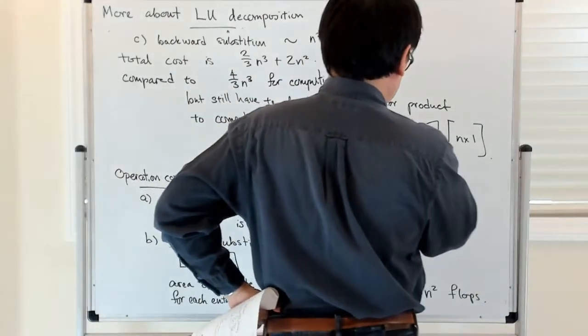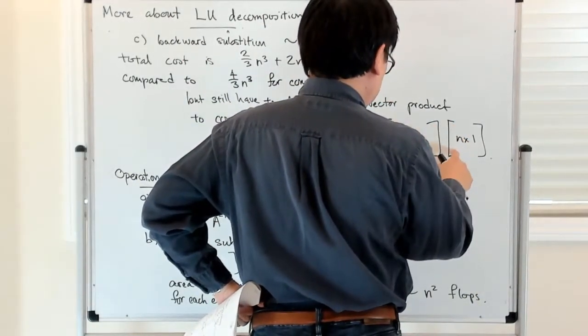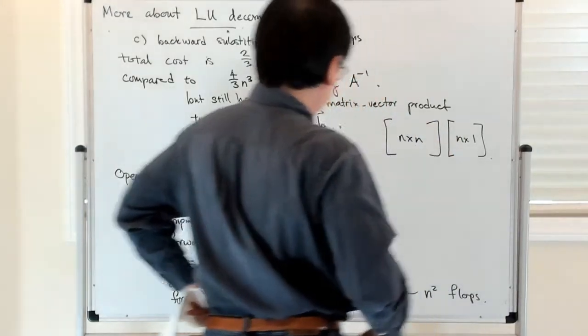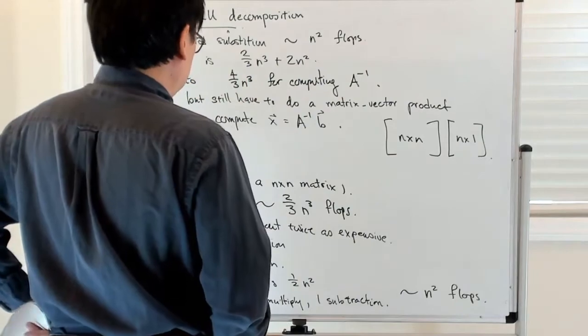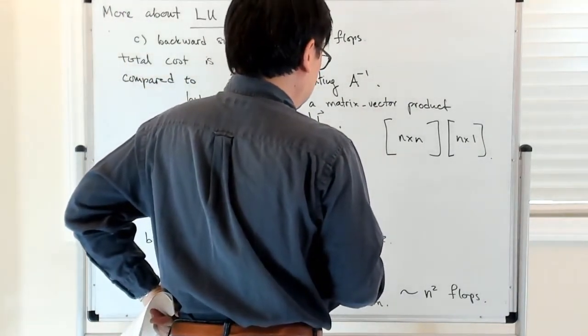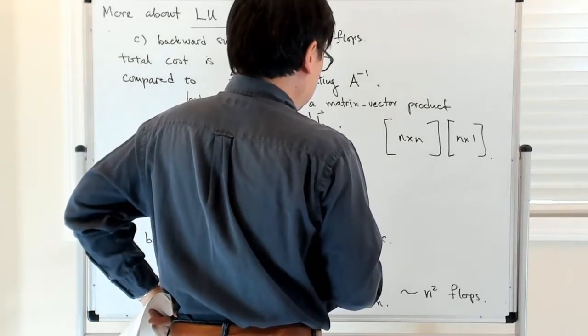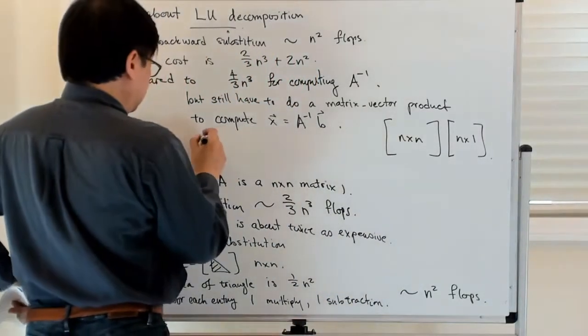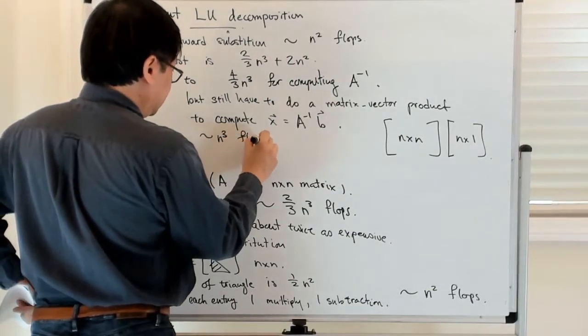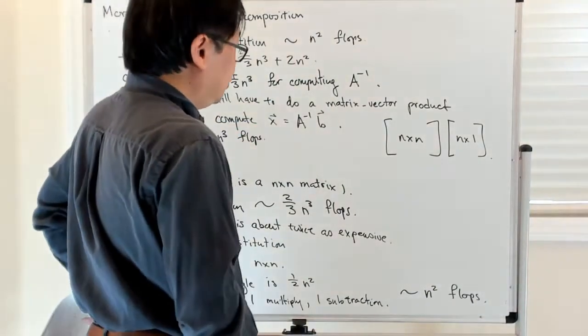So if you have to take this times this, that's n operations, but that's for every entry, so that's still n cubed. So this is of the order of n cubed flops just for the matrix vector product.